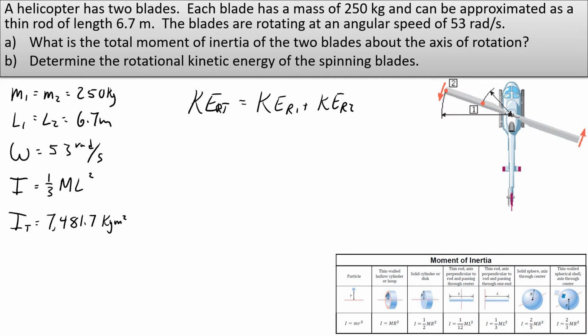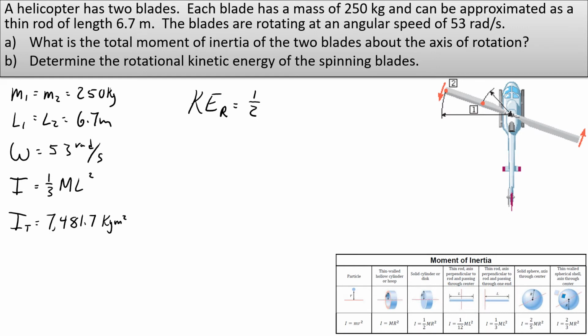And this is for the total rotational kinetic energy. But why do that? We already know what the total moment of inertia is. So the strategy is going to be the rotational kinetic energy is equal to, remember how it was 1/2 mv squared? Don't forget to put this 1/2 here.